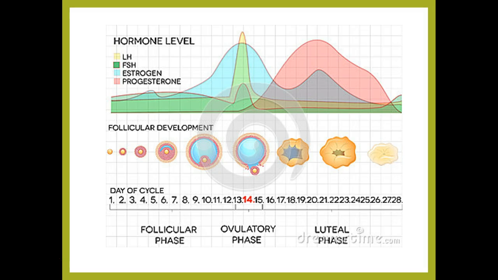And now take a peek at where ovulation occurs, right in the middle of your picture. Okay? And what causes ovulation is the surge in luteinizing hormone. Luteinizing hormone is released in the anterior pituitary gland. Okay, so we have a big spike in luteinizing hormone, and then the egg is released and the female ovulates.